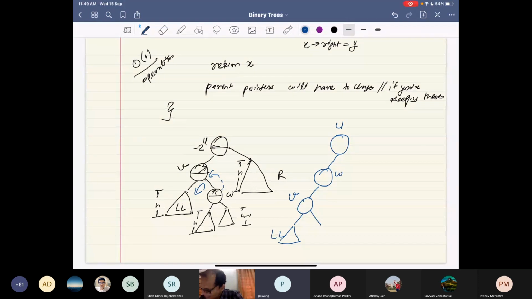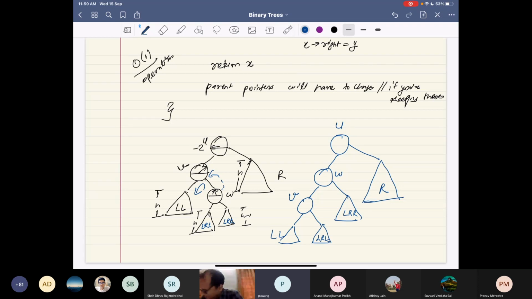So LRL, LRR. We also get this LRL, and W returns its LRR, and this gets this. This returns this R. So that's what we have got by a single left rotation.